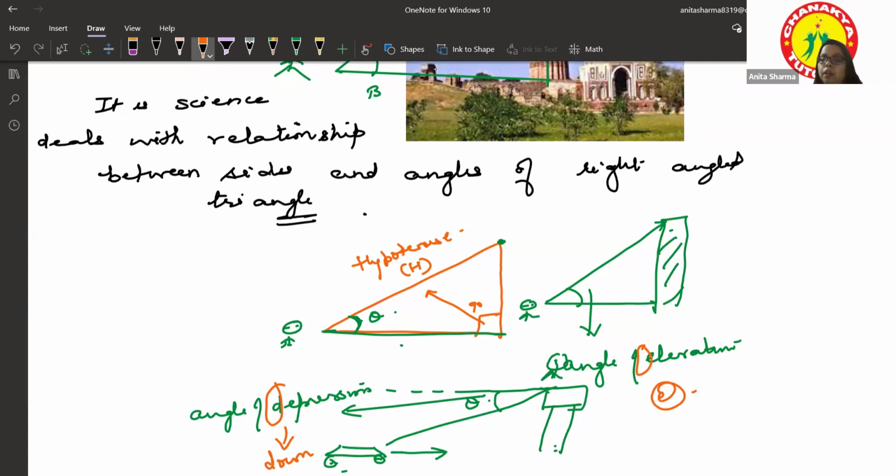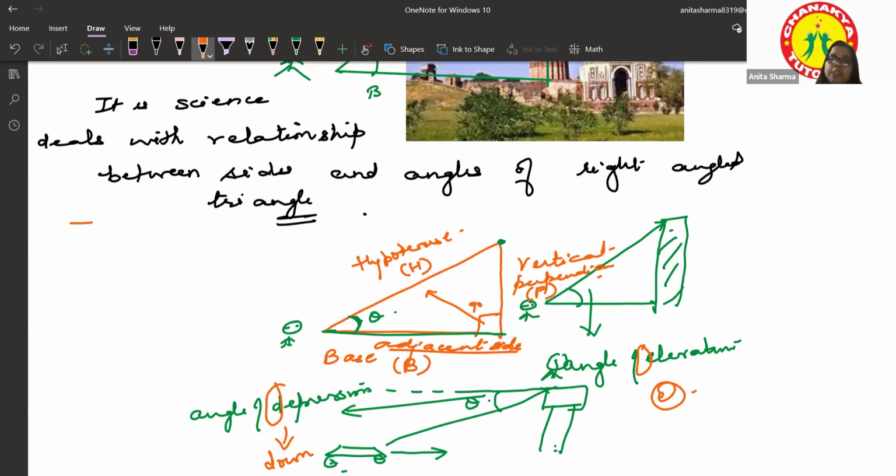Now this is your adjacent side, and this is your vertical side, or the perpendicular. Perpendicular is always represented by the letter P and the adjacent side is written as base, capital B.